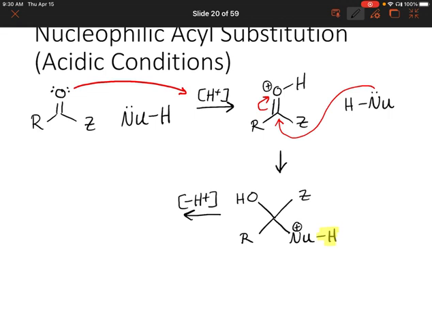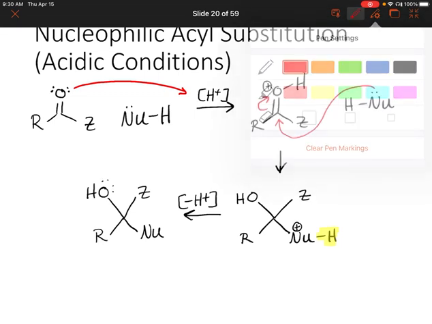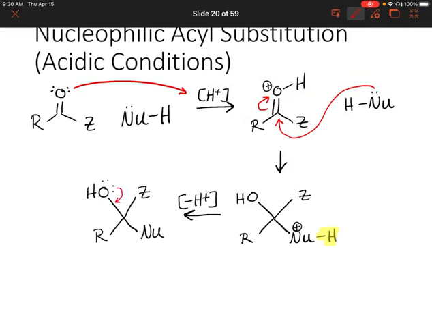All right, and so now we have a neutral nucleophile. And in this next step, our oxygen atom can reform its double bond to carbon, and that's going to kick out our leaving group, Z. So that will give us a carbonyl group again.